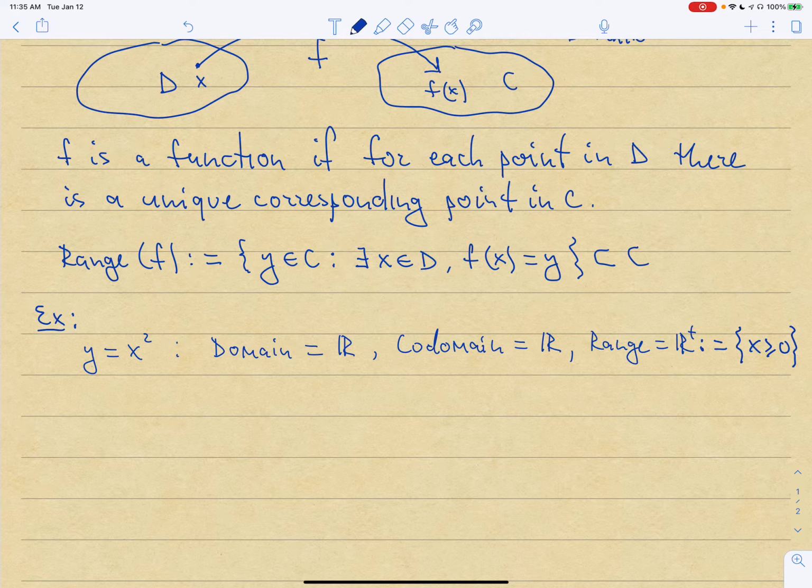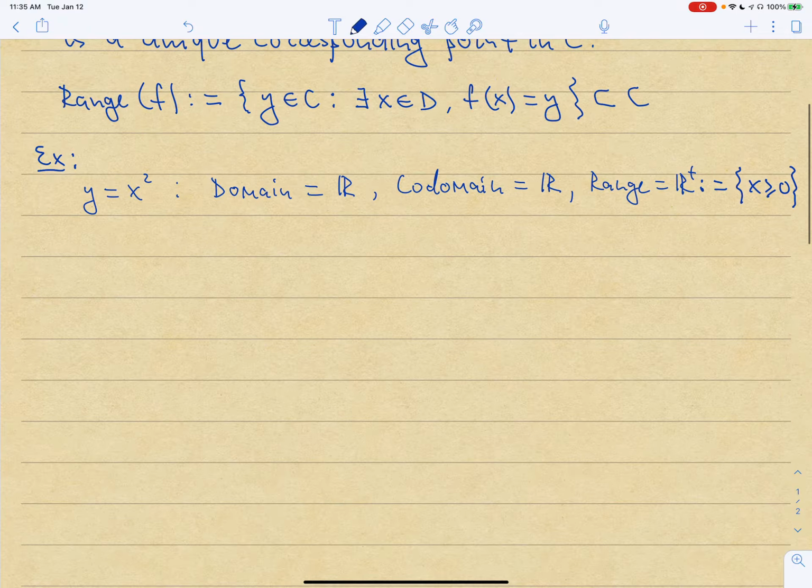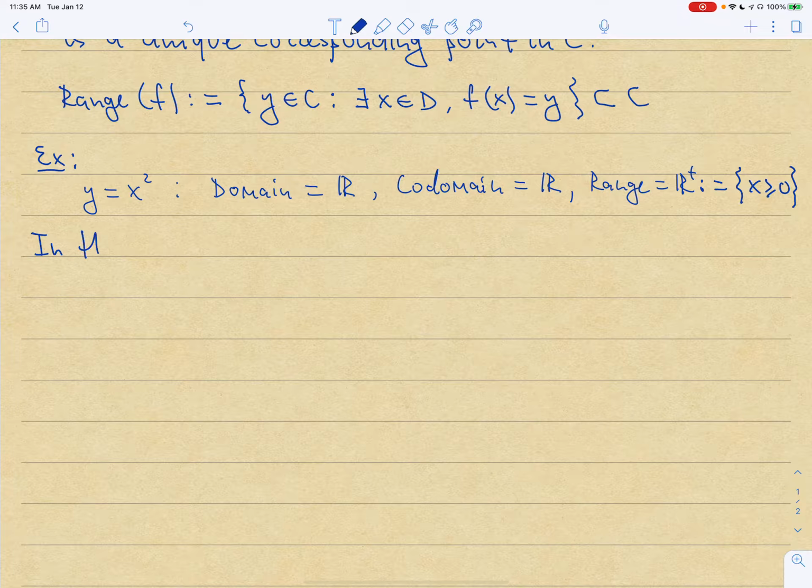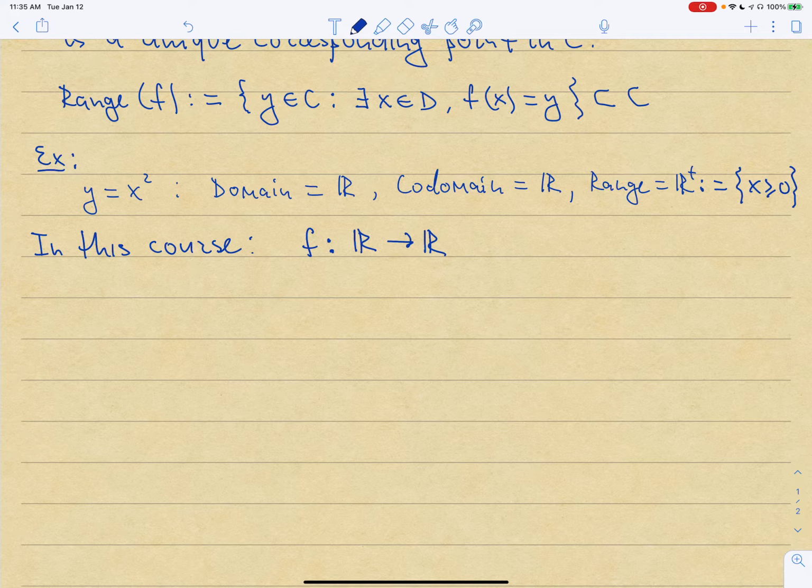All right. So we're only going to be interested in functions from a set of real numbers to a set of real numbers. So in this course, we're always going to have f that starts in R and ends in R. So both domain and codomain would be a set of real numbers. In general, of course, this is not necessarily true.